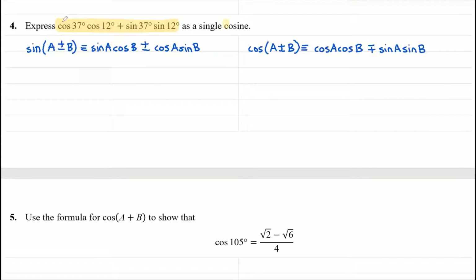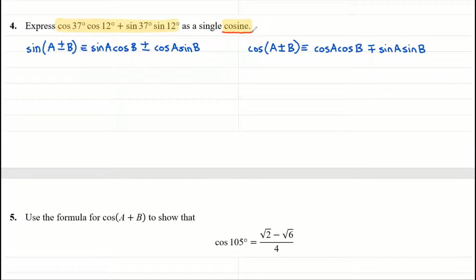Now, this is a bit of Sherlock Holmes work here, isn't it? What clues are we given here? Well, what I've done is your go-to step would be to go to the formula book if you don't know these identities and just look them up. So I've just written both the sine in its two variants for the compound angle identity and the cosine one.